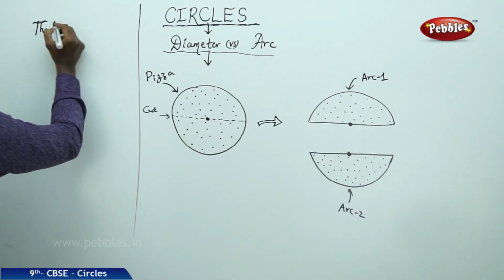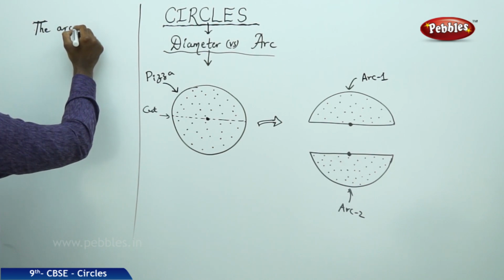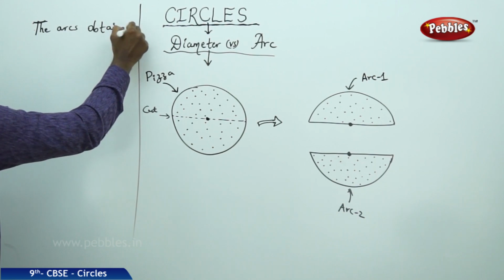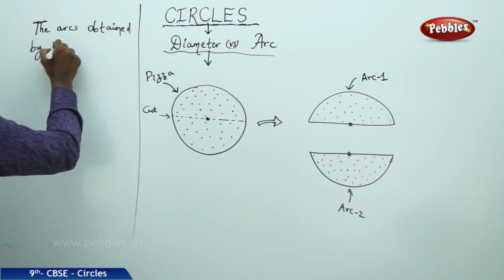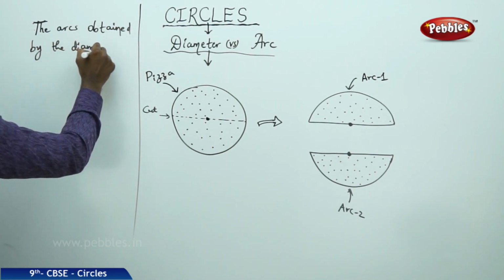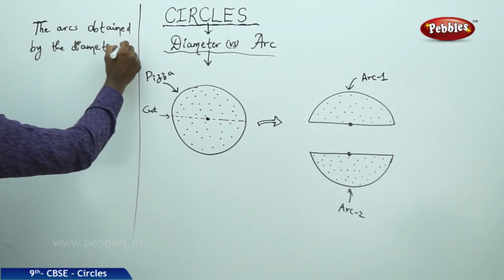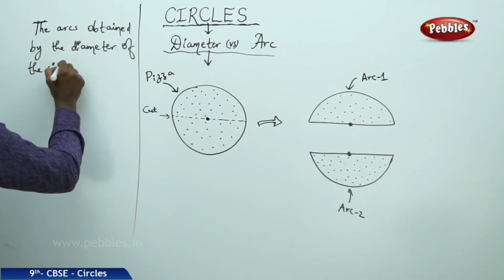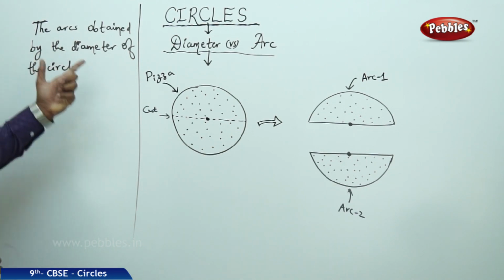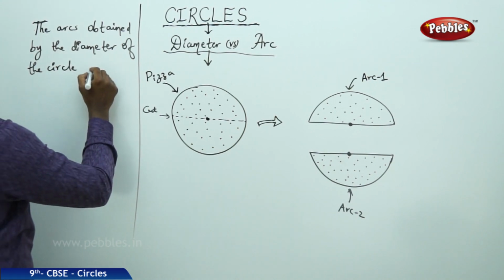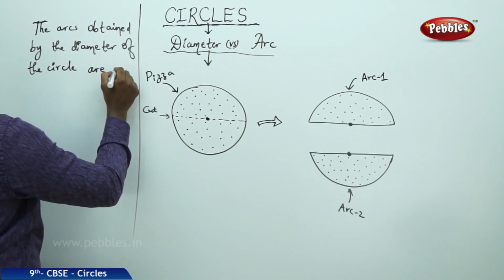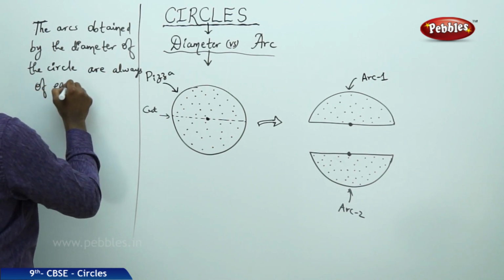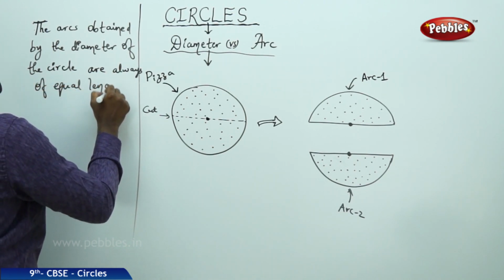So the arcs obtained by the diameter of the circle are always of equal lengths.